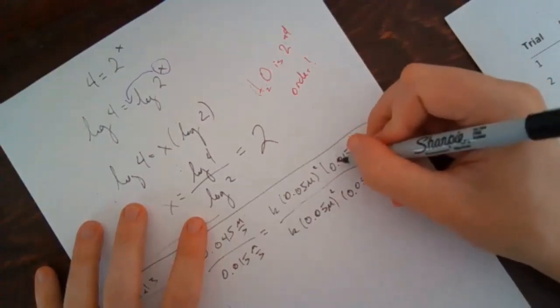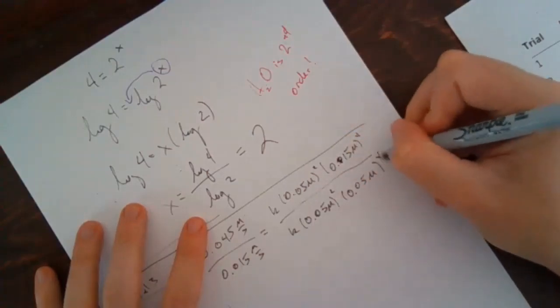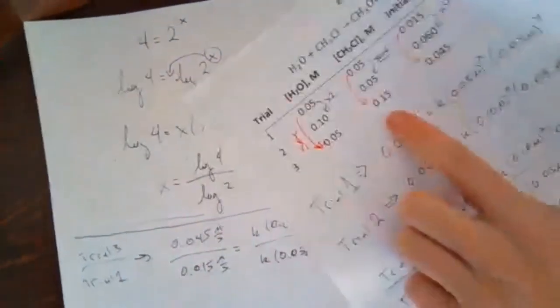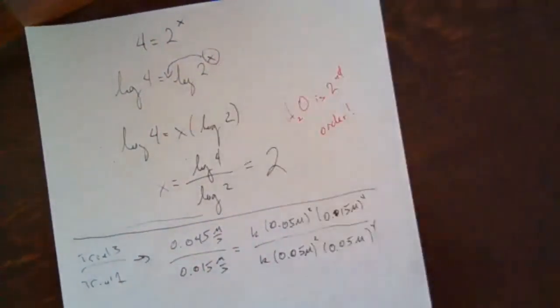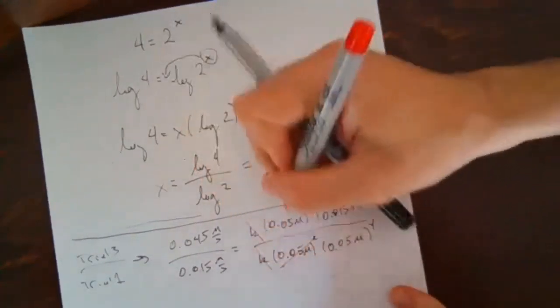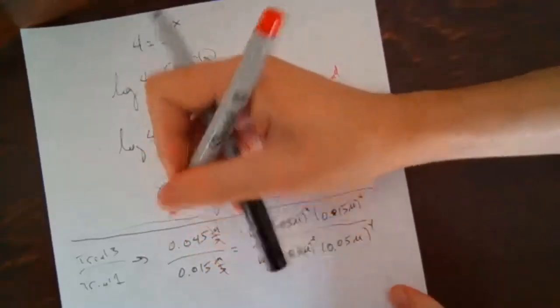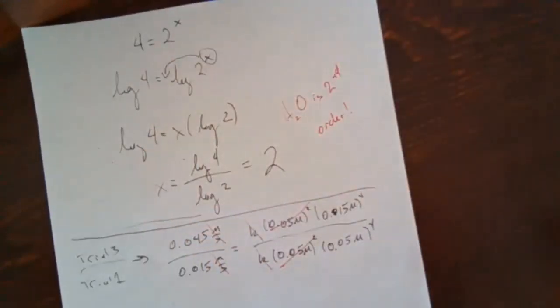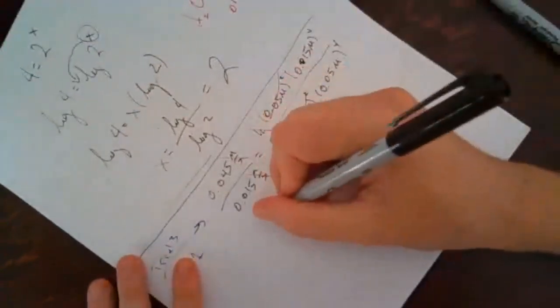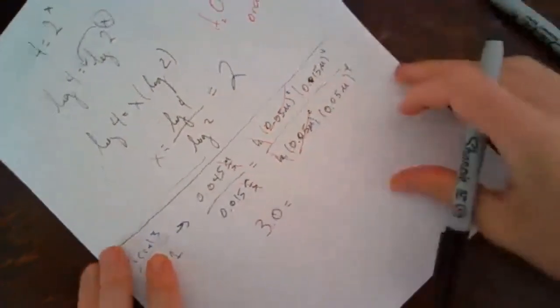Oh, whoopsies, there's no 0 there. Sorry about that. It's just 0.15 and then 0.05. So for cancellations, K, that whole thing, molarity per second. If we divide those out, I get 3.0.